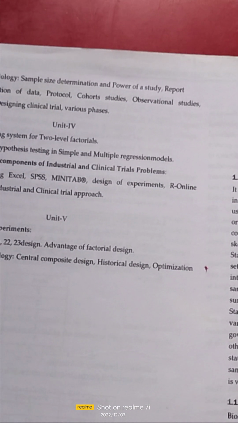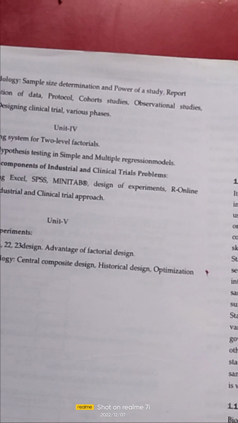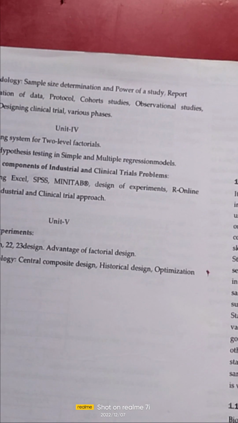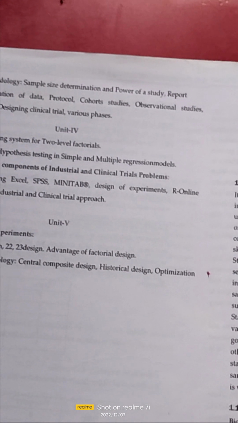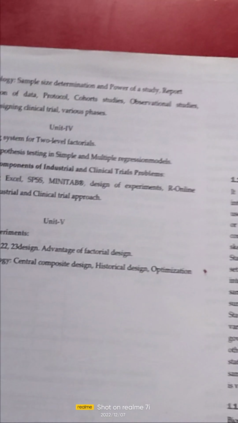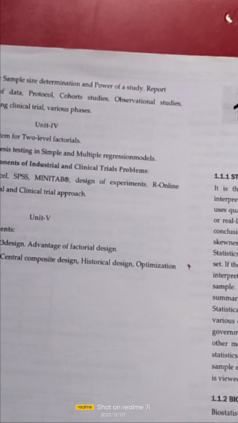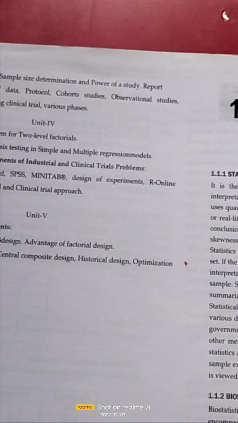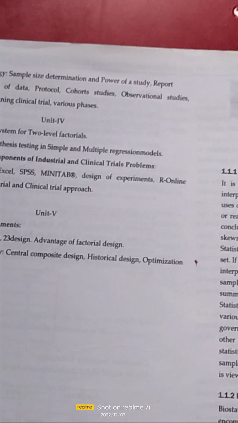Statistics is used in various disciplines such as psychology, business, physical and social sciences, humanities, government, manufacturing, etc. These statistical data are gathered by using sample procedures or other methods.